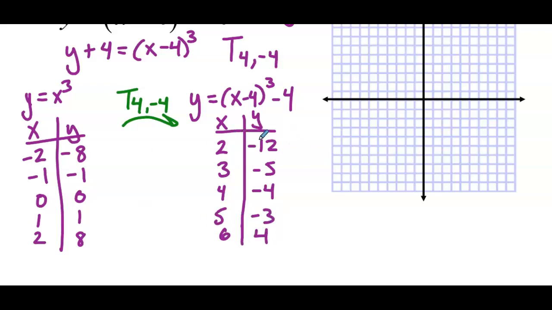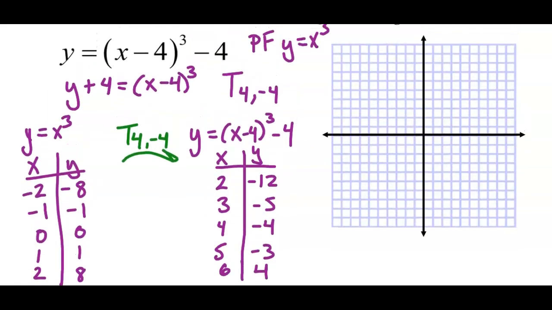So one of the points won't fit on our axes, and that's okay. That's going to happen sometimes. But we still have 4 points that do fit, and that should be enough to get our graph. So we have 3, -1, 2, 3, 4, 5, 4, -4, 5, -3, and 6, 4.